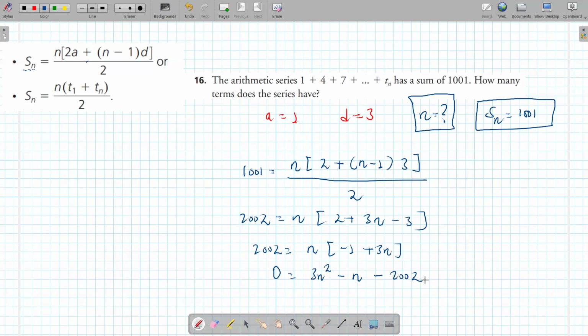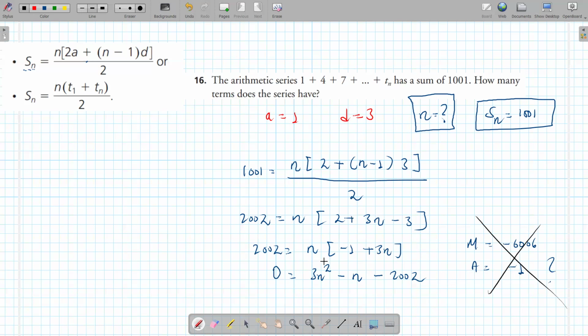In this question, I would not use factoring because the numbers that it multiplies to is negative 6,006, and it adds up to -1. What are the numbers? Who knows? There's many combinations here to check. So the factoring approach is not that efficient.